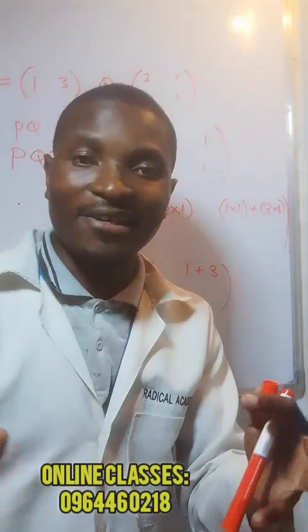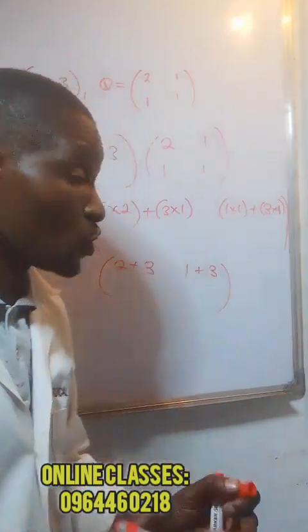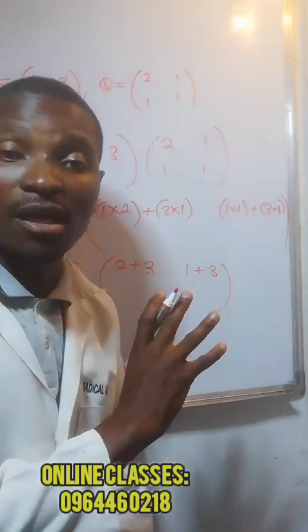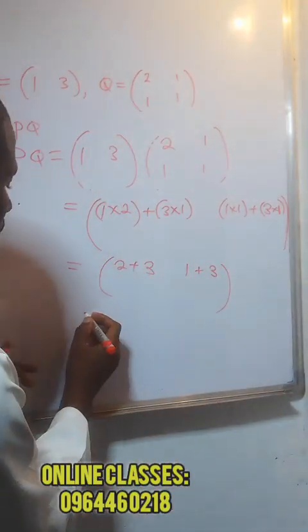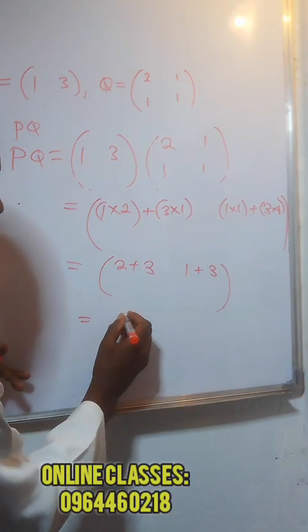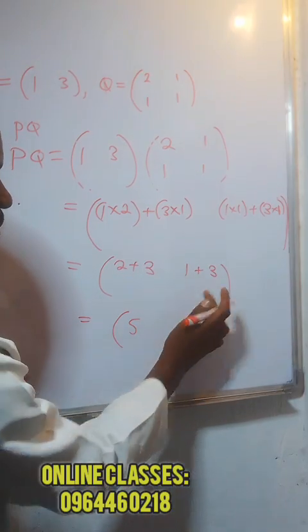Now remember, I said that the order should be a 1 by 2 matrix. And then 2 plus 3 is 5, and this is just 4.